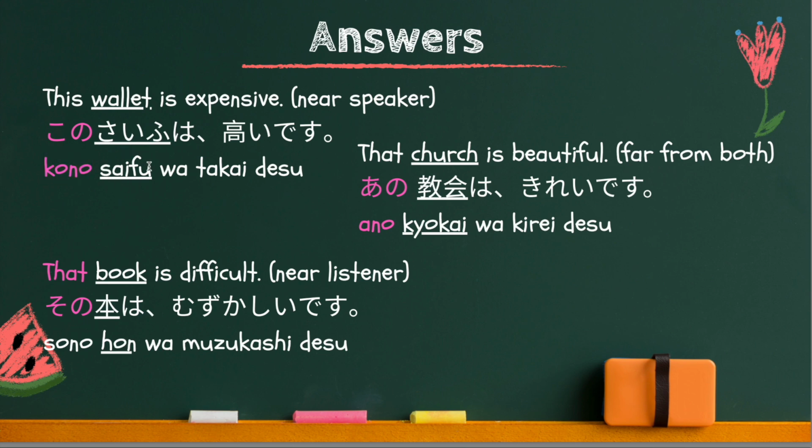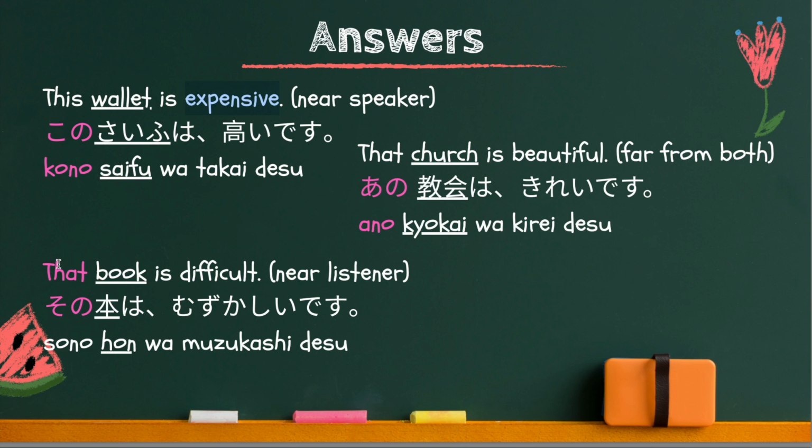There should be a noun, and this time 財布 wallet. Expensive is an adjective. 高い. Therefore, この財布は高いです。This is a simple X is Y sentence structure.